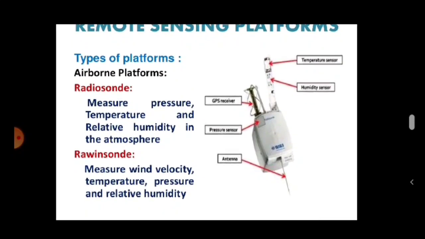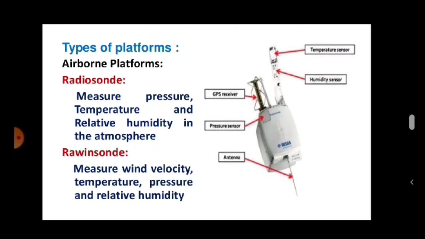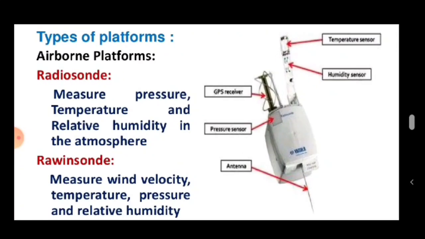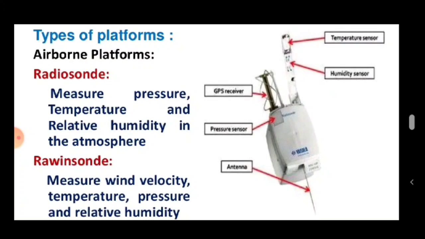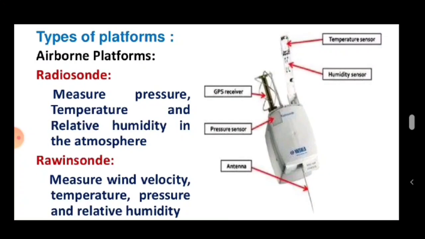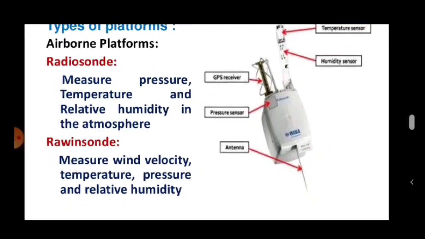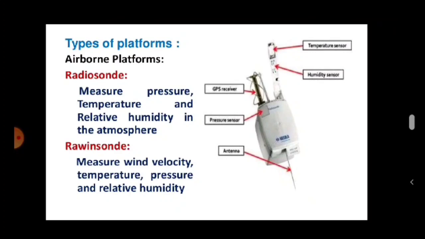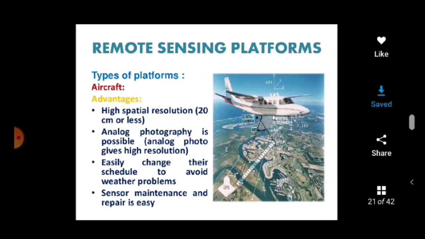And also radiosonde is another example of these airborne platforms, which measures pressure, temperature, and relative humidity of the atmosphere, and also rawinsonde, which measures velocity of wind, and also temperature, pressure, and relative humidity.